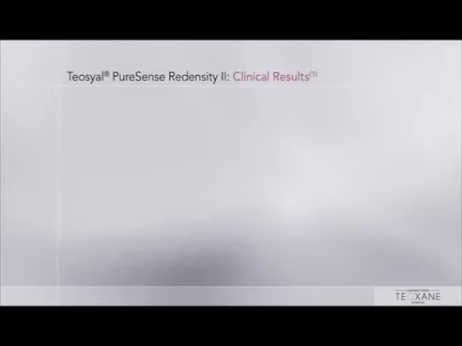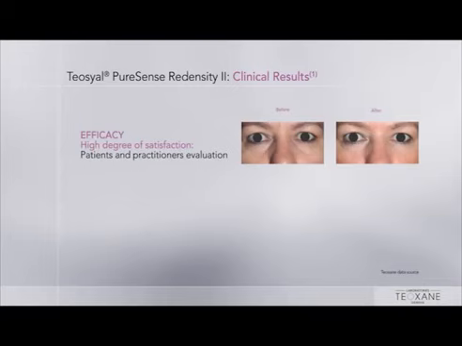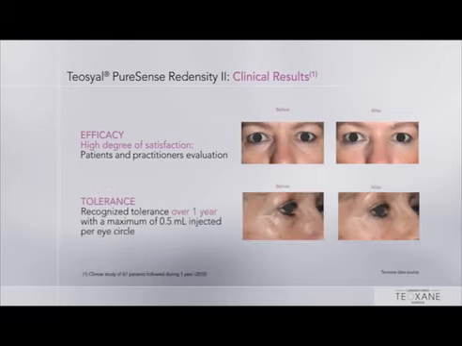The clinical results show a high degree of satisfaction from patients and practitioners. The results are immediately visible after injection, as shown on this before and after picture. The excellent tolerance of Redensity 2 was also demonstrated in clinical studies with an average injected volume of 0.37 ml per R circle.